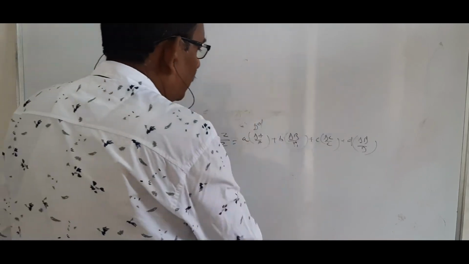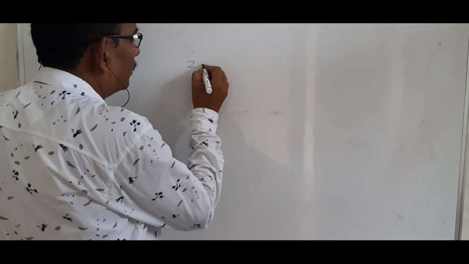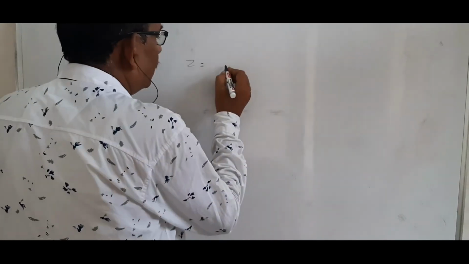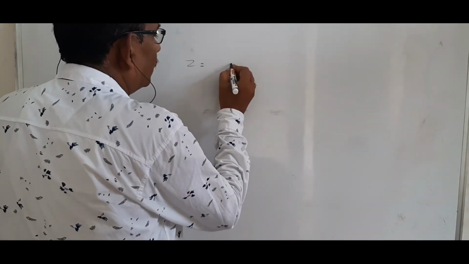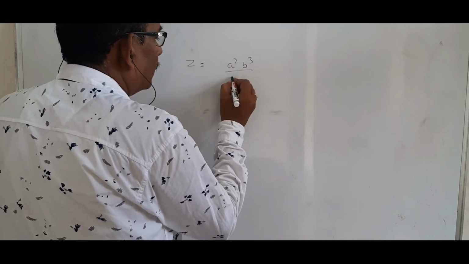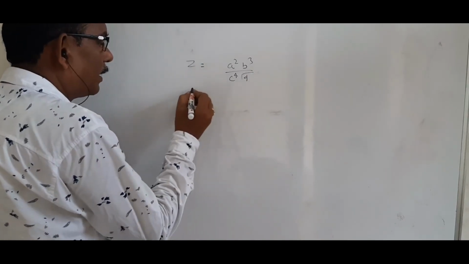Take example on this. Suppose Z is given as A power 2, B power 3, C power 4, D root over. So what is the relative error?